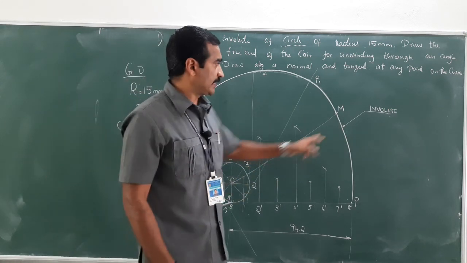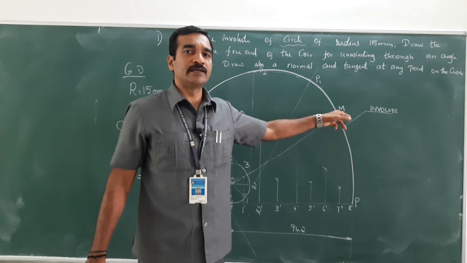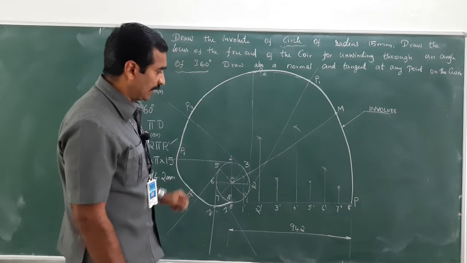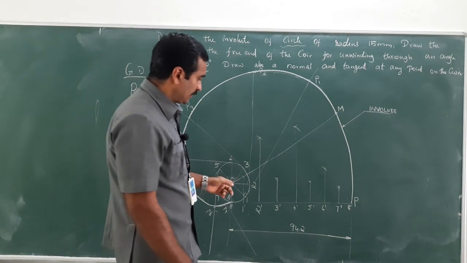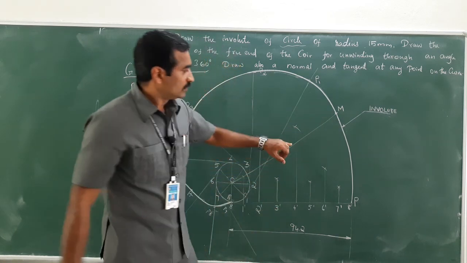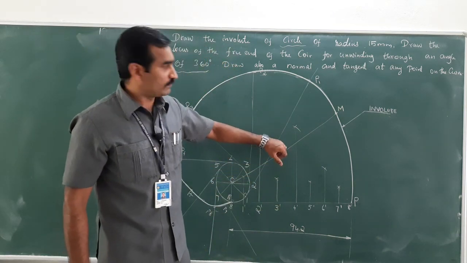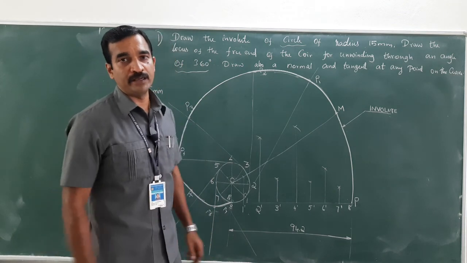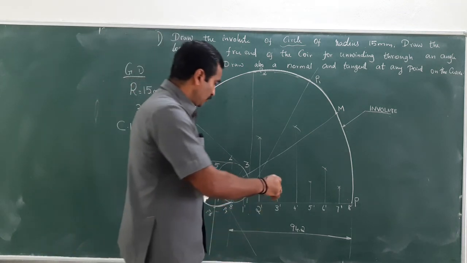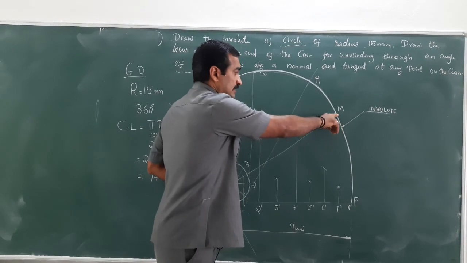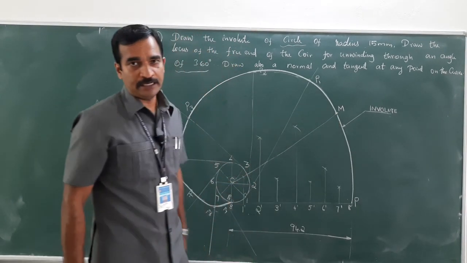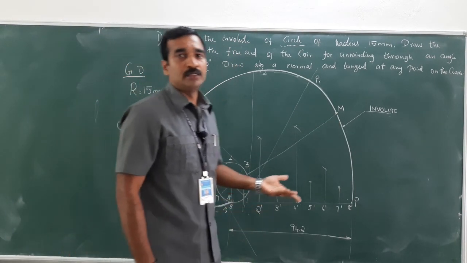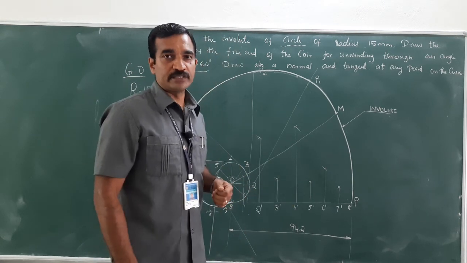So connecting the center and the chosen point on the curve, right? So a thin line. Now I need to find the midpoint of this line CM. How this midpoint can be obtained? Either you have to just keep the scale here and find the midpoint. There is another method which I taught you, isn't it?